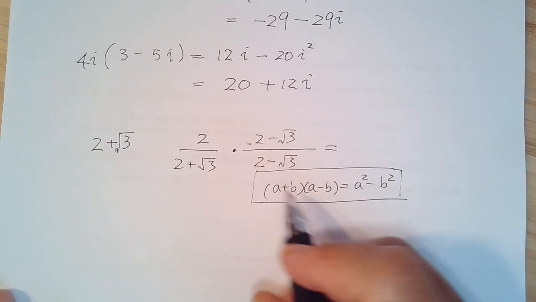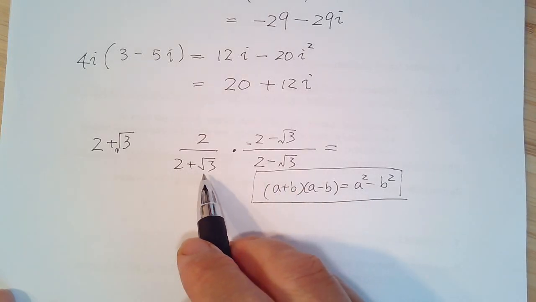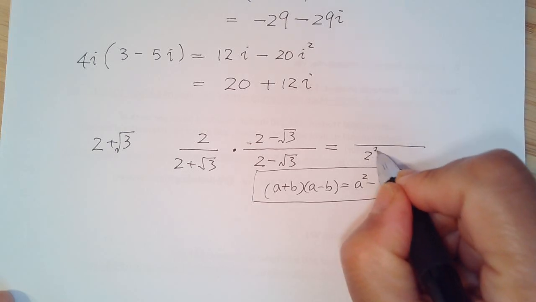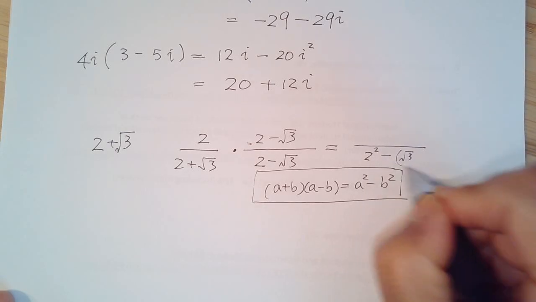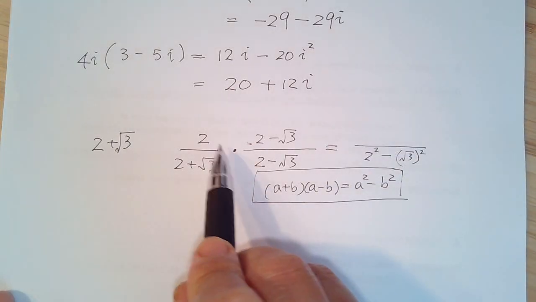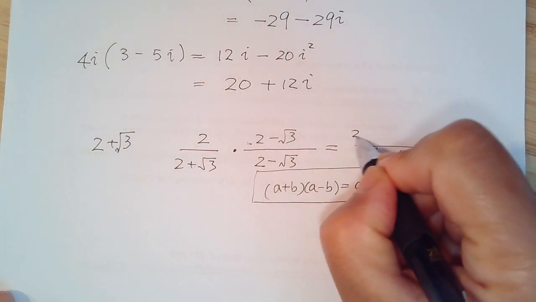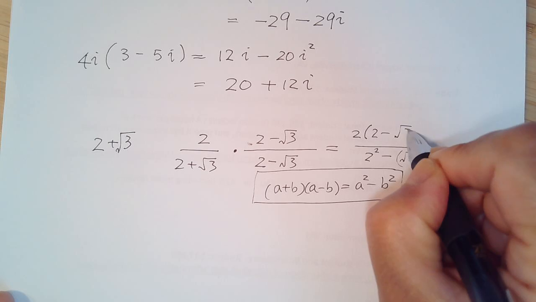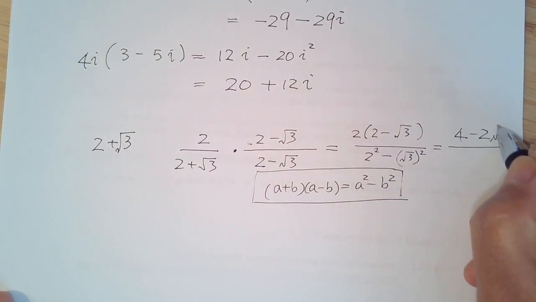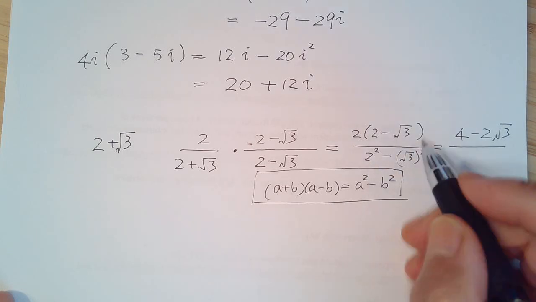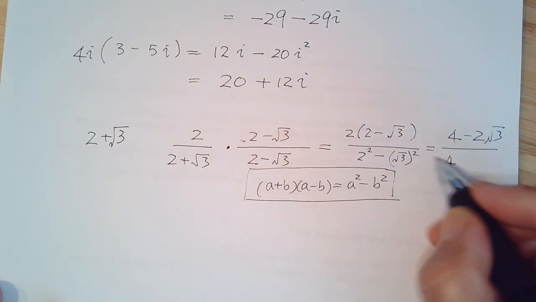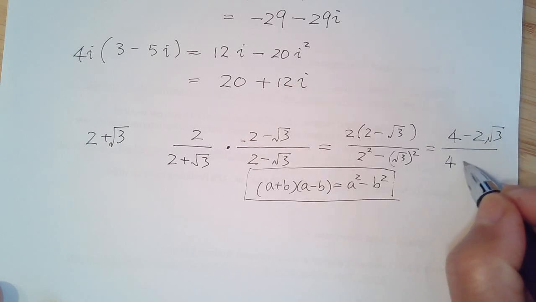So the good thing about that, once we do 2 plus root 3 times 2 minus root 3, the answer will be 2 squared minus root 3 squared. So we don't have a square root anymore, and the top is 2 times 2 minus root 3. The numerator becomes 4 minus 2 root 3, and the denominator: 2 squared is 4, and the square root of 3 squared goes back to 3.